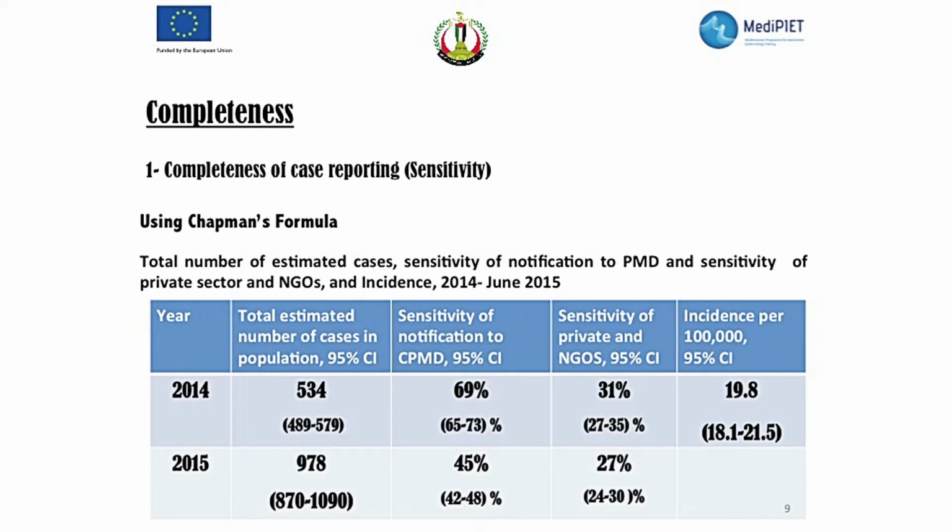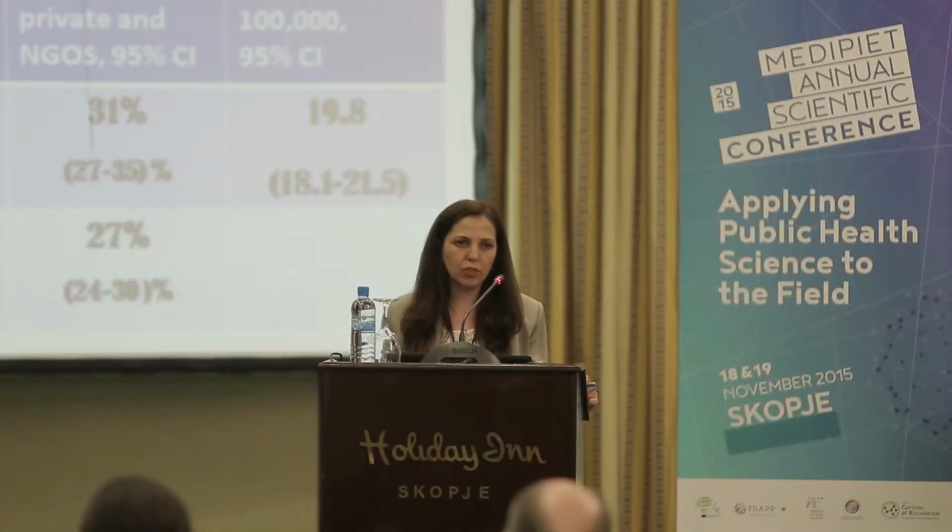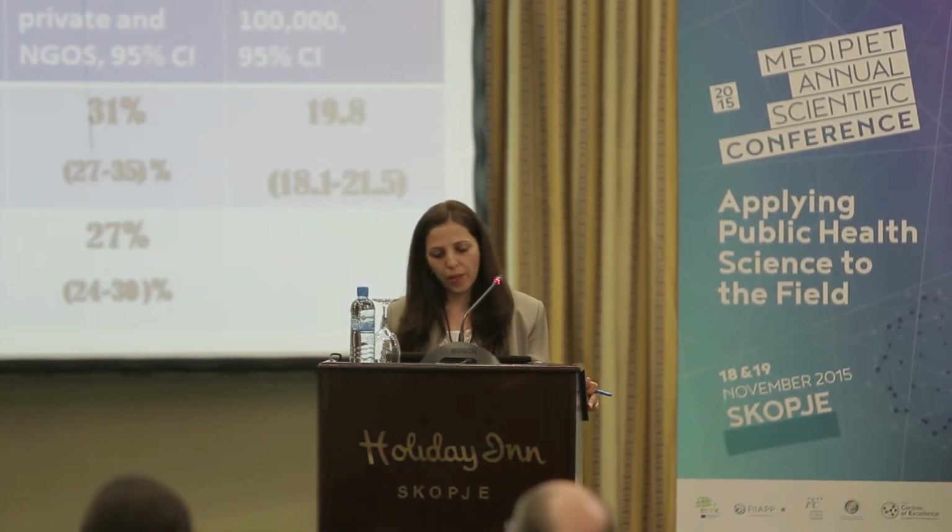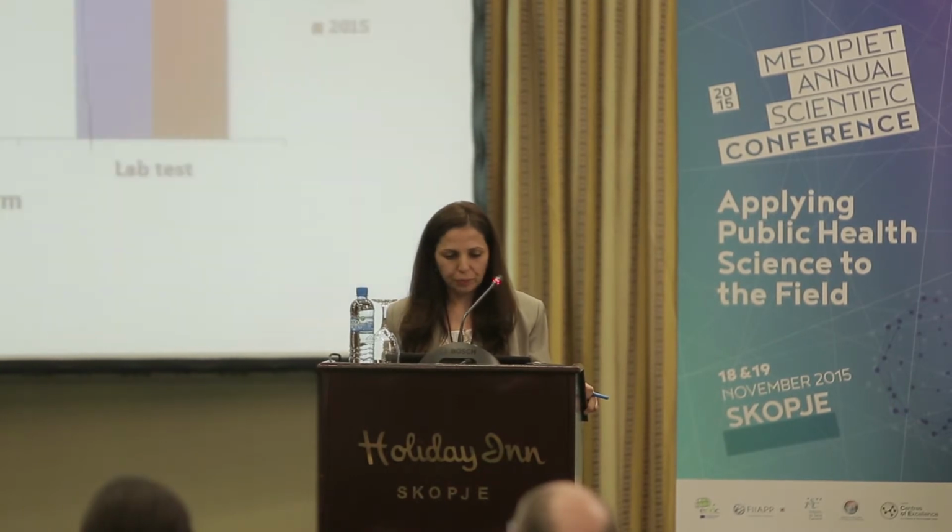The sensitivity of private and NGOs is 31% and 27% in 2014 and 2015. After that, we calculated the incidence rate, and we found it is about 20 per 100,000, which is much higher than the one published by MOH, which was about 40 per 100,000.